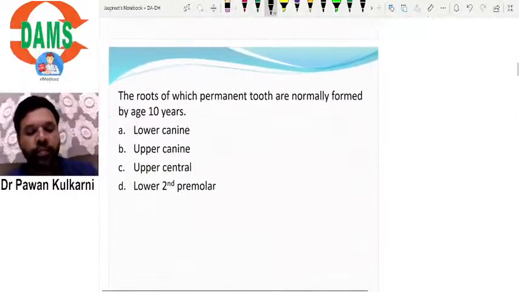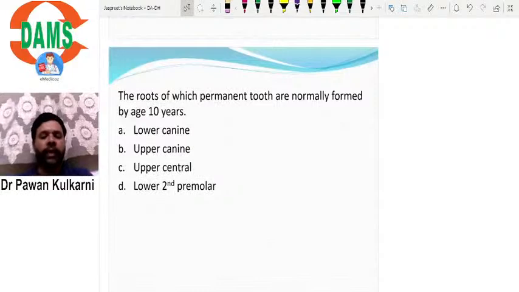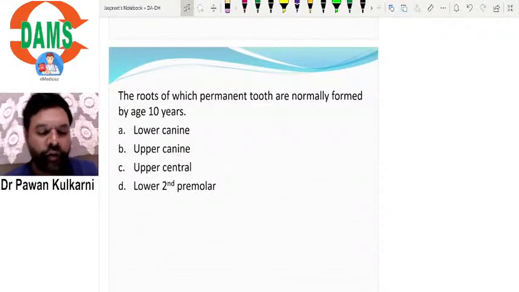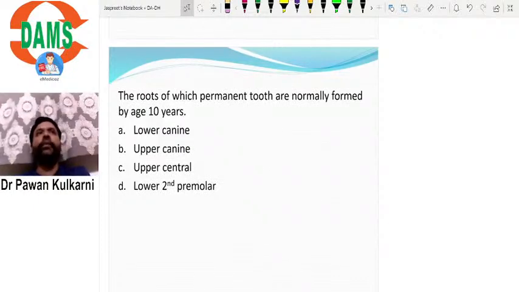The roots of which permanent tooth are normally formed by the age of 10 years? See, there is a rule here. I have told you how to answer such questions. We can't remember everything, but we know about the eruption.